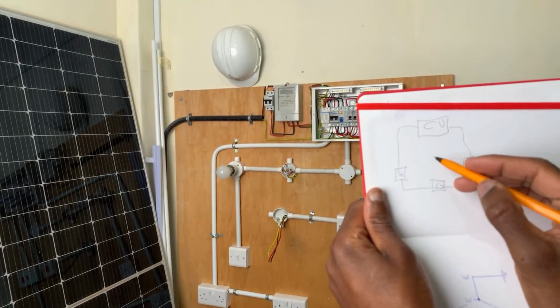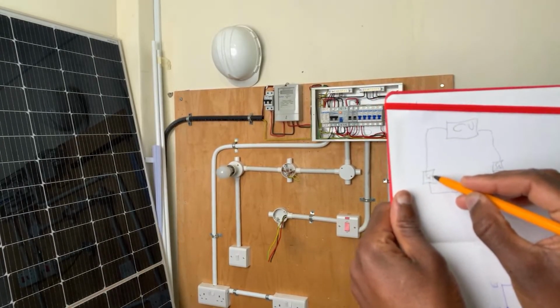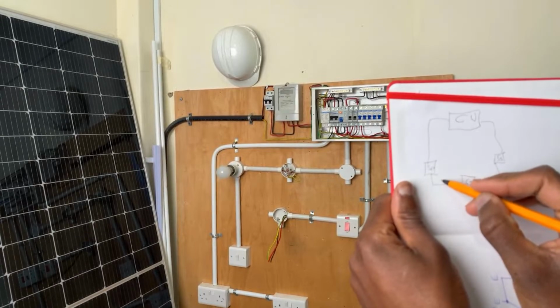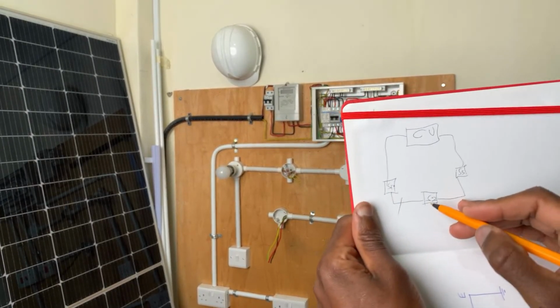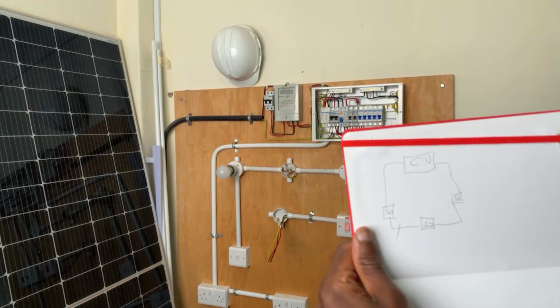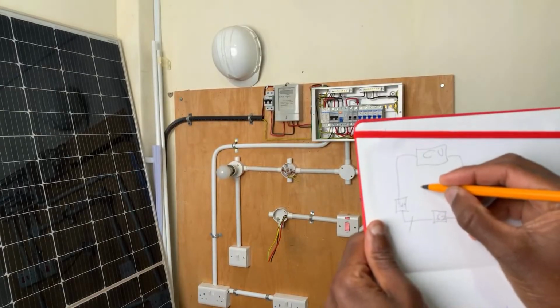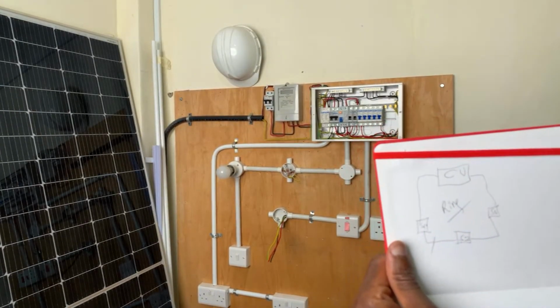So assuming that S1 has an issue, loses connection, or maybe this wire is broken at some point, then S2 and S3 will continue to work properly. So this one is a ring circuit, right?